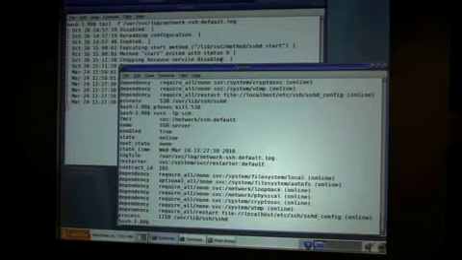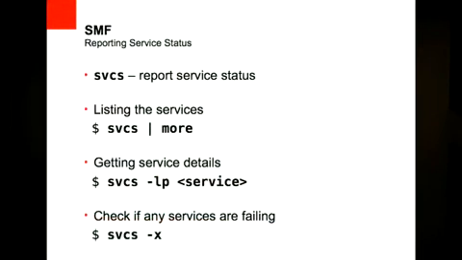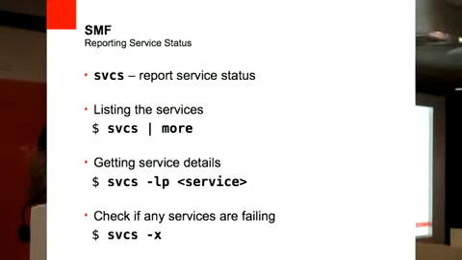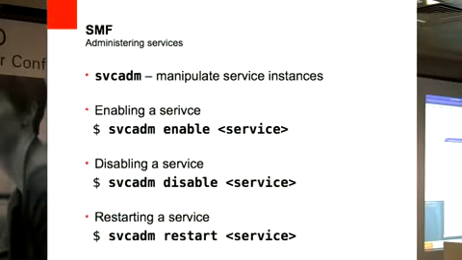So in addition to SVCS for looking at service status, for managing services, you use the SVCADM command. And really what you do here is enable and disable services. So if I actually wanted to take SSH down, there, I just disabled it.